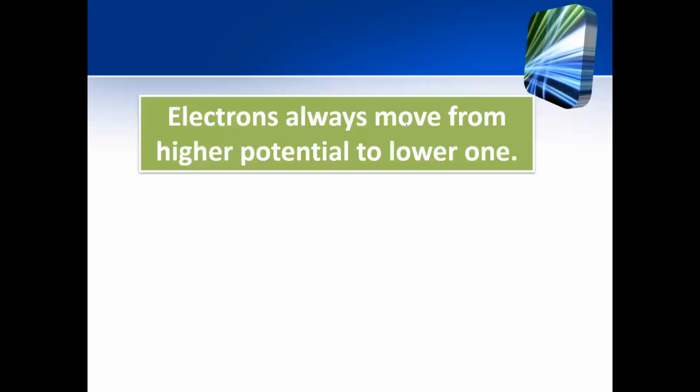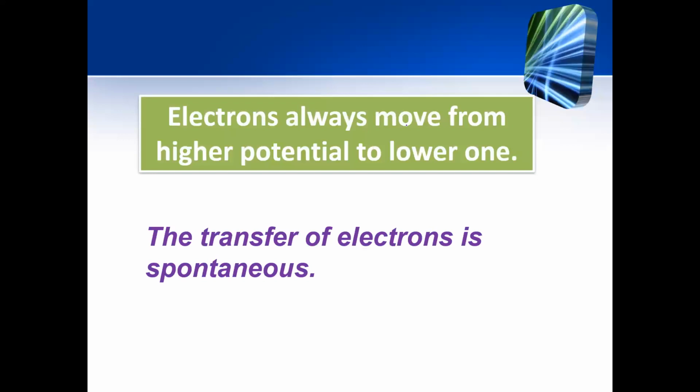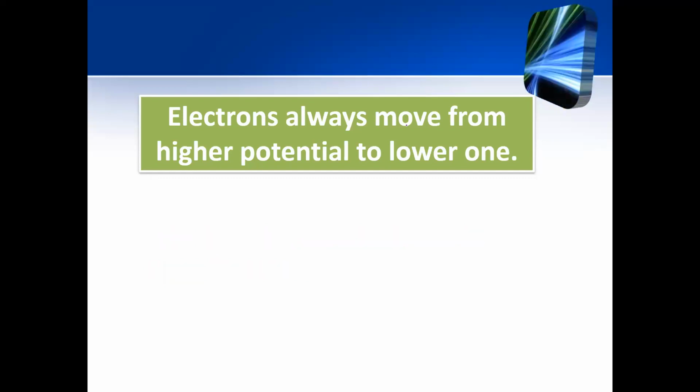So now you can see that electrons always move from a higher potential to lower. Positive rod will gain electrons, and negative rod will lose electrons. The transfer of electrons is spontaneous. We have to copy this screen now.